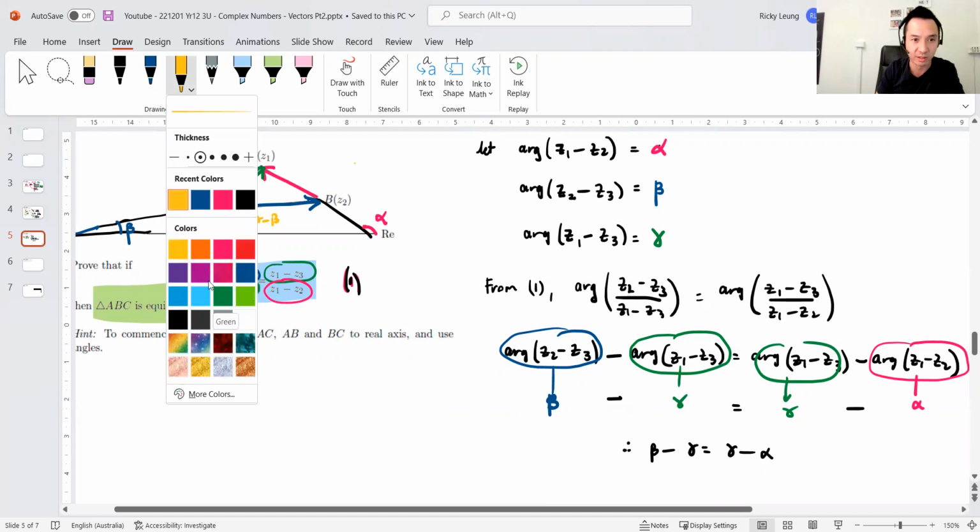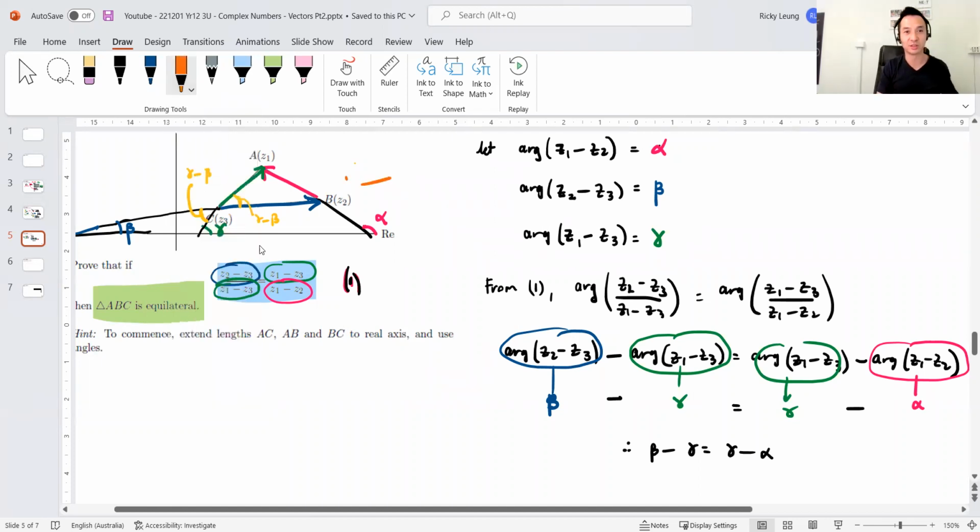Now, what color haven't I used? Let's go orange. Okay, orange, this guy here. How do I get that guy? See the exterior angles here? Orange would equal alpha, the big outside angle, minus gamma.